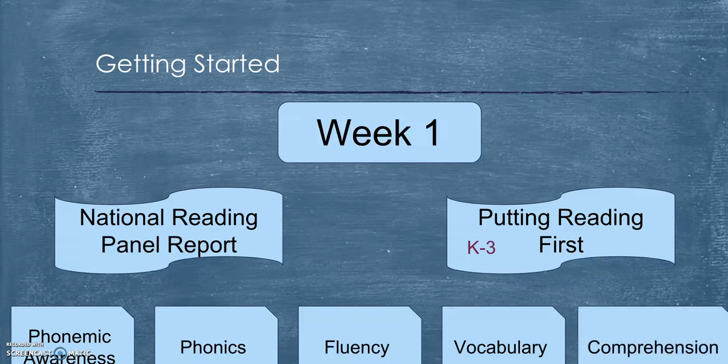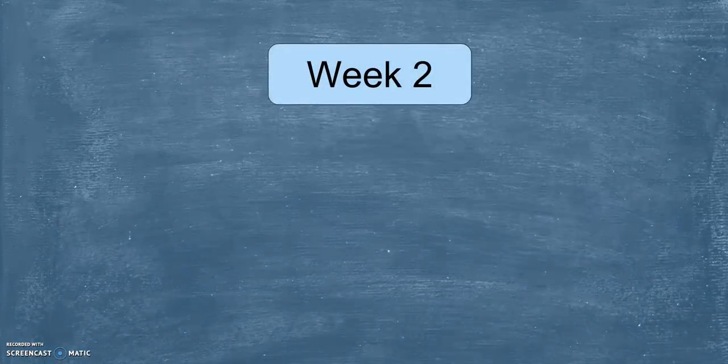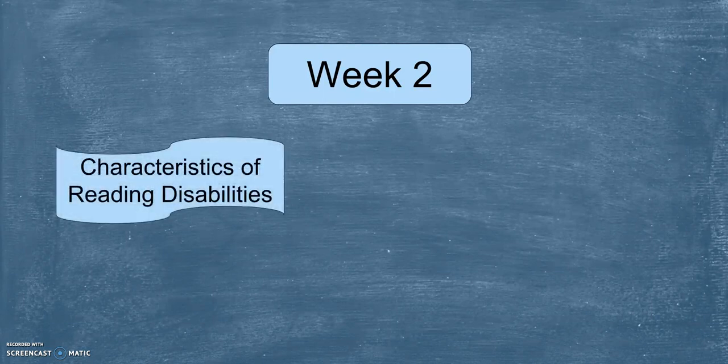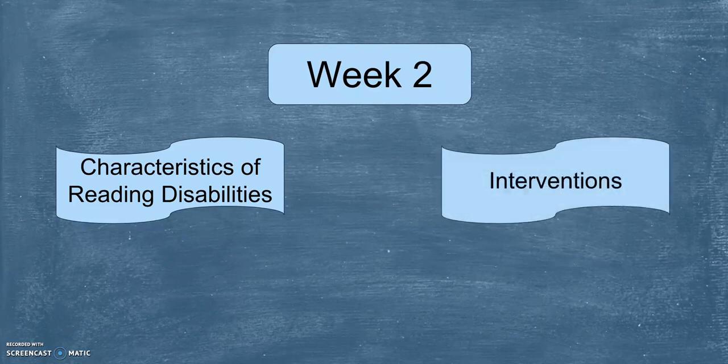comprehension. And then on week 2, what you should be learning about are the characteristics of reading disabilities, as well as different interventions that are available for all these different types of disabilities.